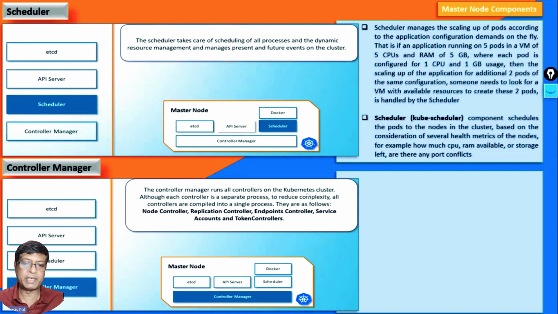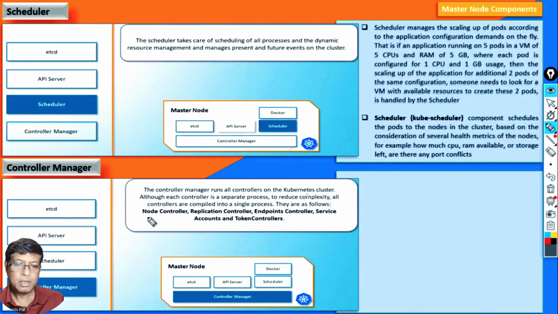Now, the controller manager, just one thing. The controller manager will have the other managers working for it: the node controller, replication controller, endpoints controller, service accounts, and token controller. So, wherever there is a security and token issue, that will be taken care of by the controller manager through the token controllers.